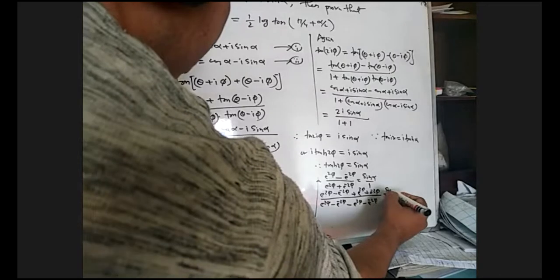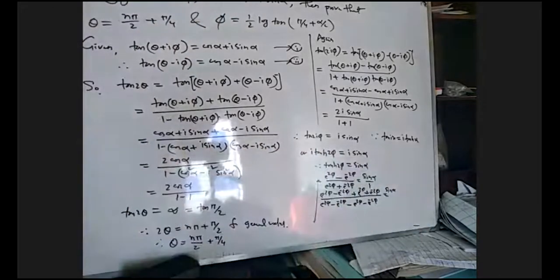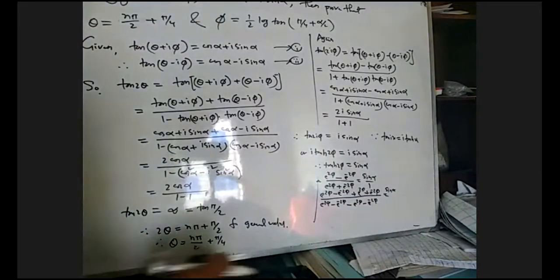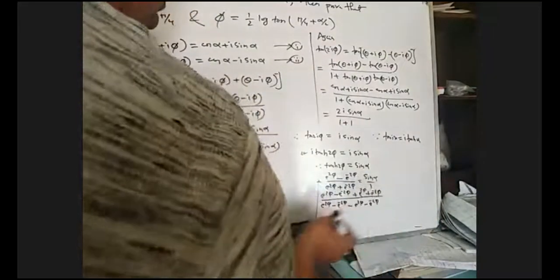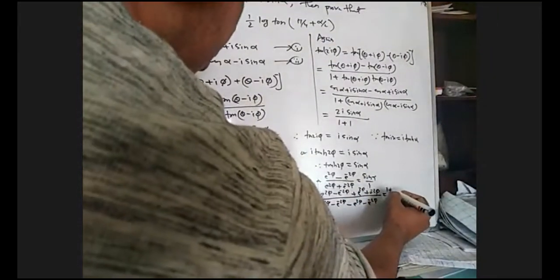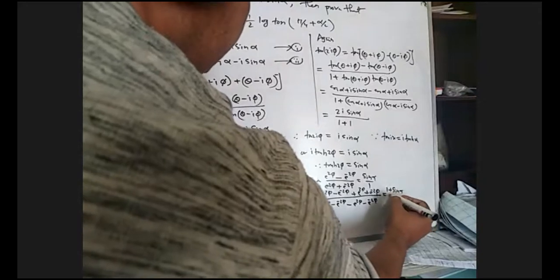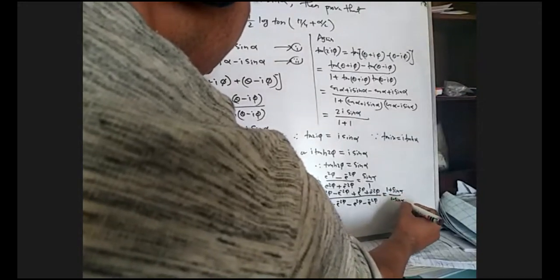This equals 1 plus sin α divided by 1 minus sin α.